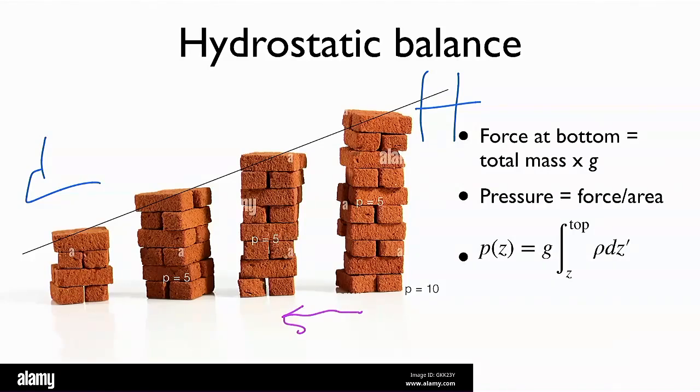Because it's higher here than it is there. So there's a horizontal force that would be acting. Now, bricks are solid, they can withstand shear stresses, but a fluid couldn't. So you'd start to see flow in that direction, which would try to equalize out this unsustainable pressure gradient. Okay, so that's the force on the fluid that we're going to be considering today.